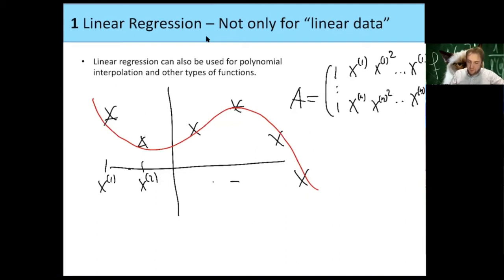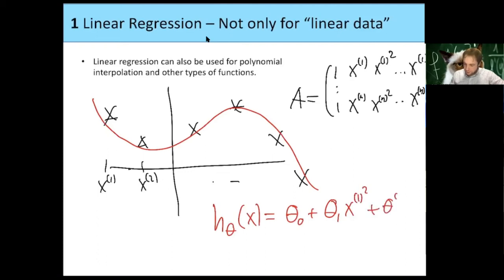So this red curve here, we can then write like this. So we are looking for thetas, theta 0 plus theta 1 x plus theta 2 x squared, up to theta d x to the d.